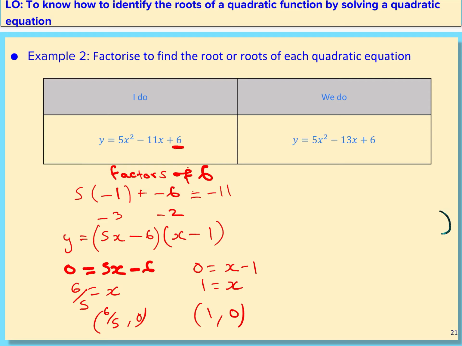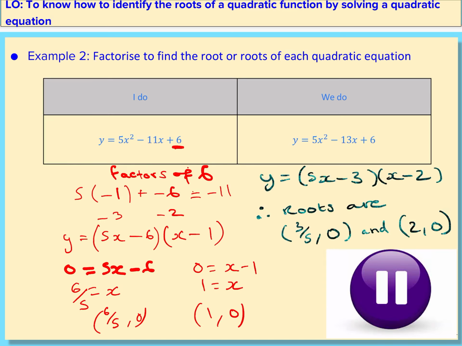So 5x minus 6, make x the subject. So x equals 6 over 5. Therefore one root is 6 over 5, 0. We do the same for x minus 1. Make x the subject, so x equals 1. And the other root is 1, 0.